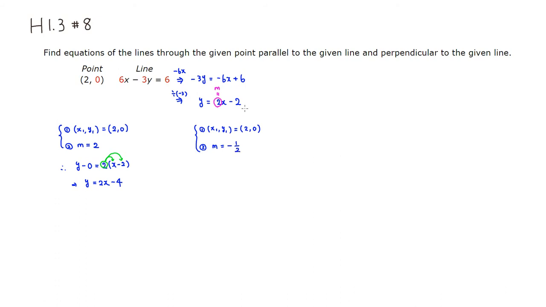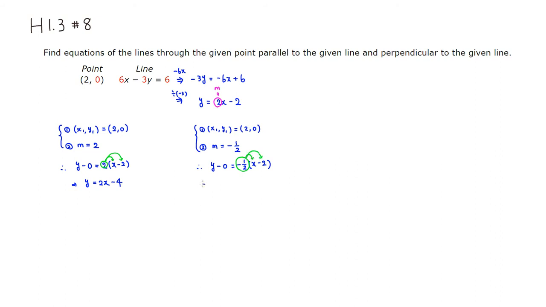Therefore, the equation is going to be y minus y1 is equal to negative 1/2 times the quantity x minus x1, which is 2. Again, I'm going to distribute negative 1/2 to the first term and the second term.